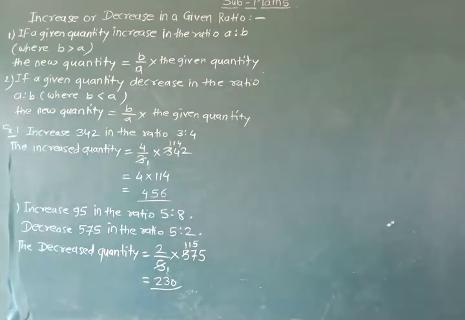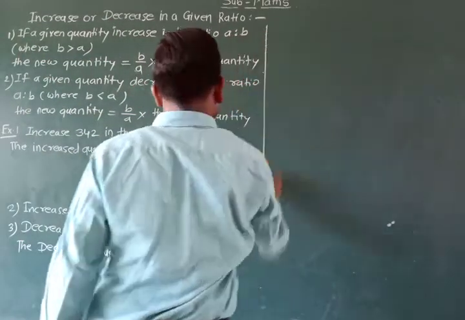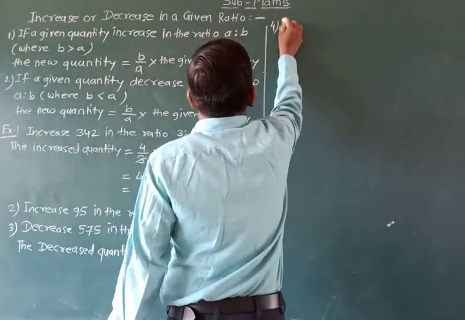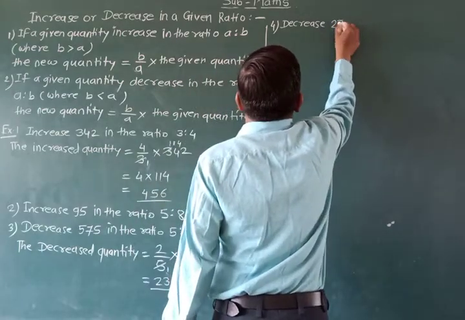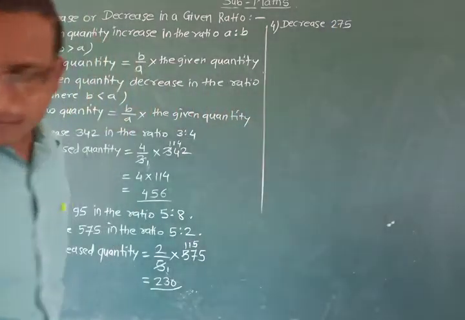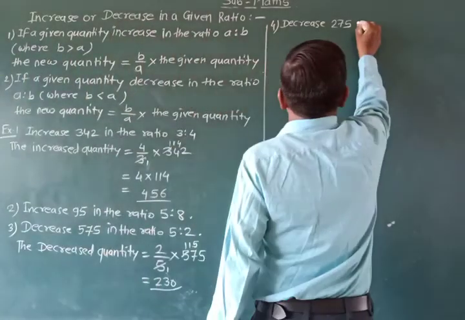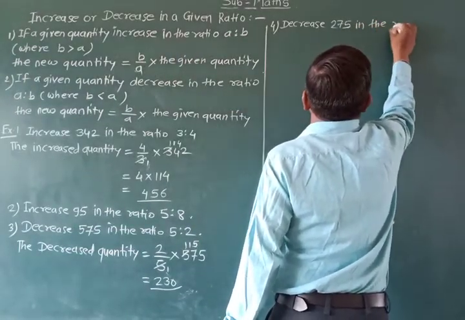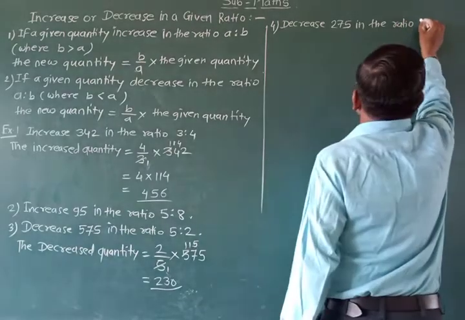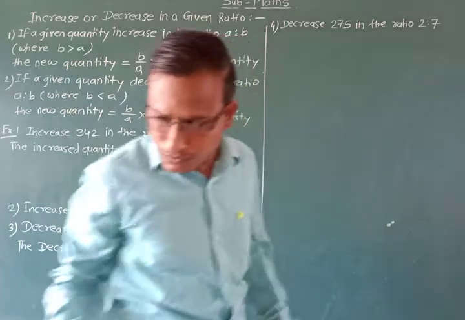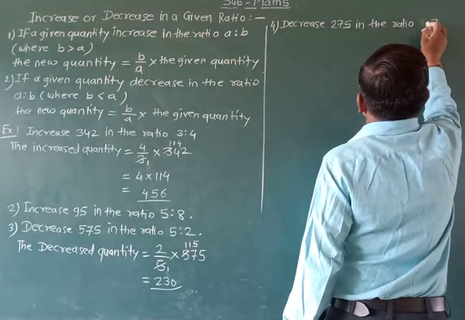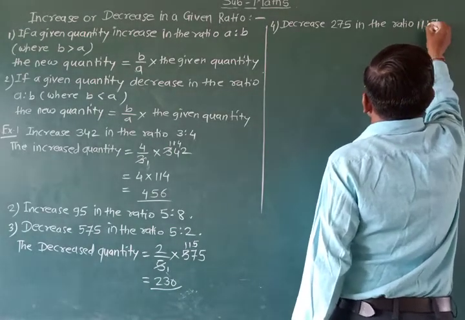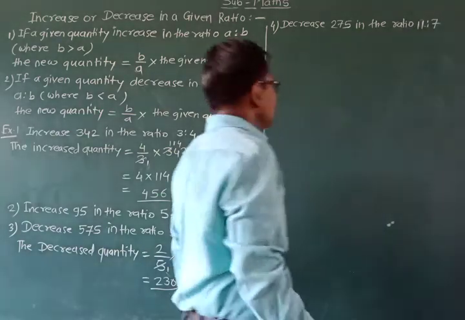And then one example, you solve it. Decrease 275 in the ratio 11:7. This is the ratio. Same process follow.